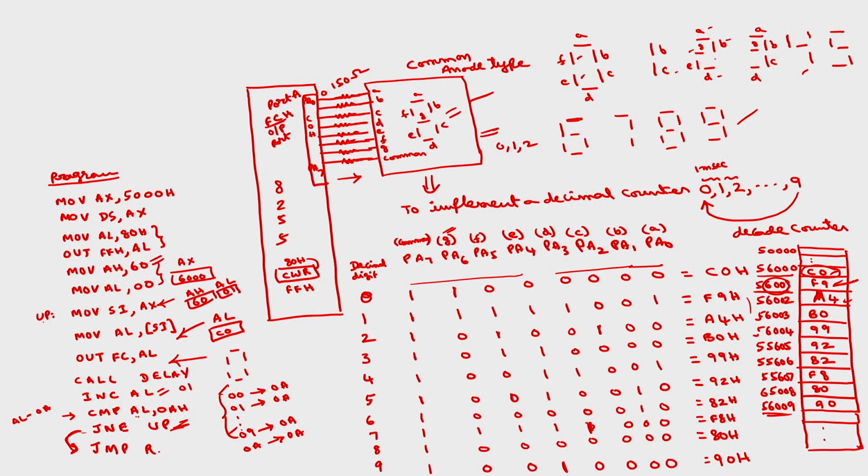Where should this repeat be? This repeat should be again here, so that again AL will be taken with 00. So, the code corresponding to 0 will be displayed. Like that this loop continues.